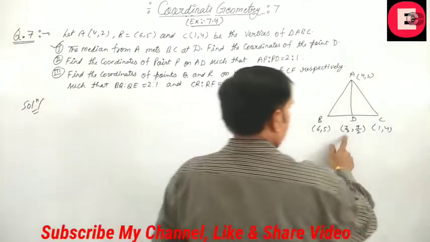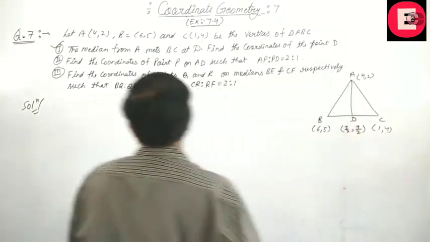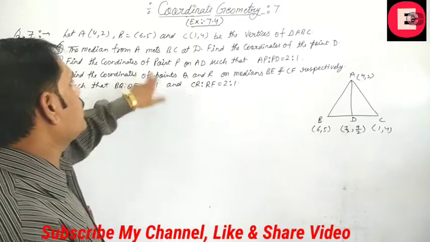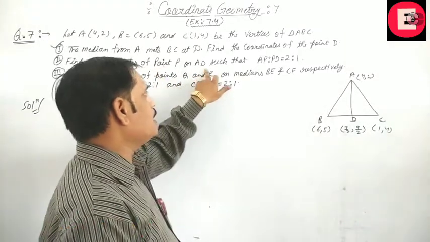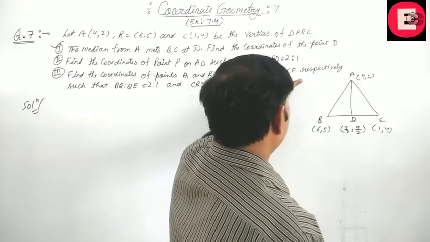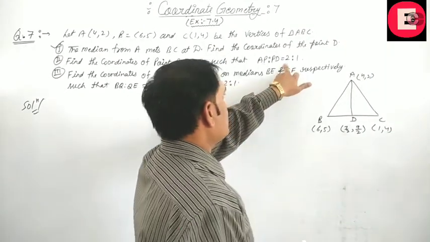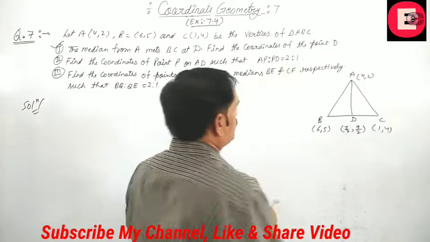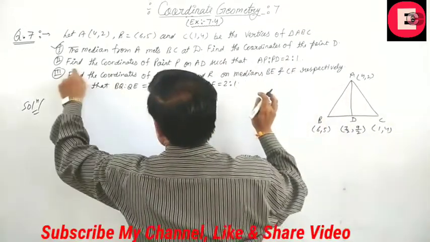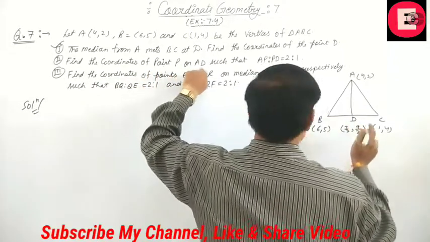Now write the coordinate of D as (7/2, 9/2). In the second part: find the coordinate of point P on AD such that AP and PD have the ratio 2:1. Find the coordinate of P on AD.